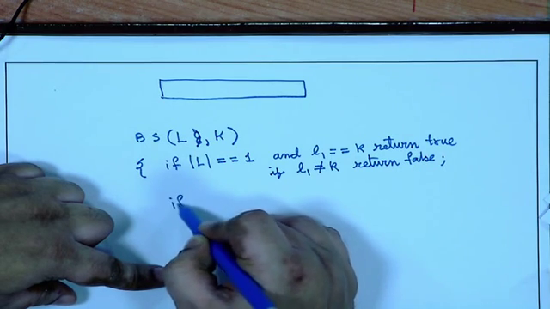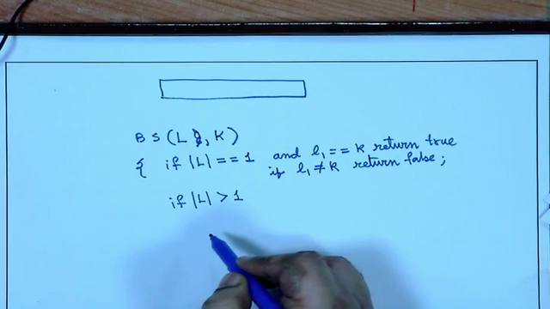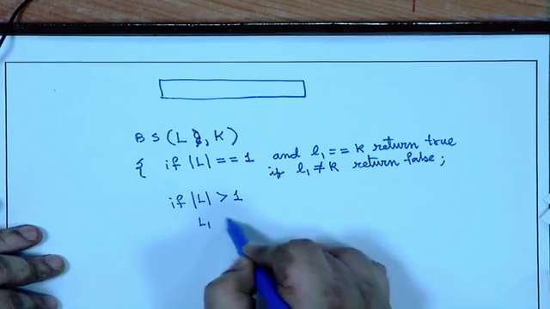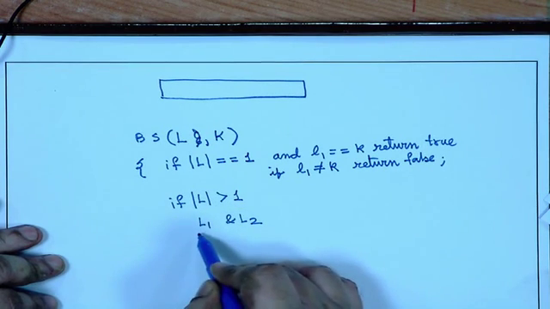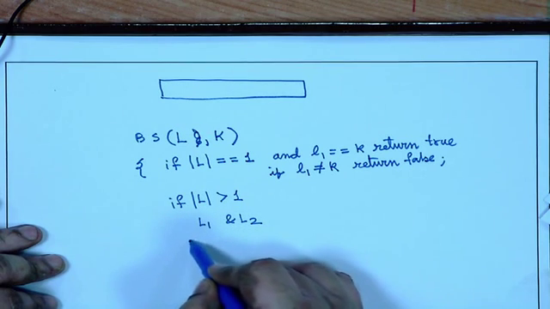The recursive condition: if the size of L is greater than 1, then we split this L into two parts, L1 and L2, and choose one element, either the last element of L1 or the first element of L2.